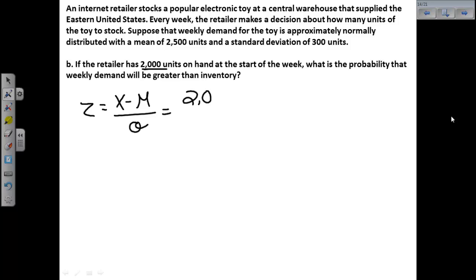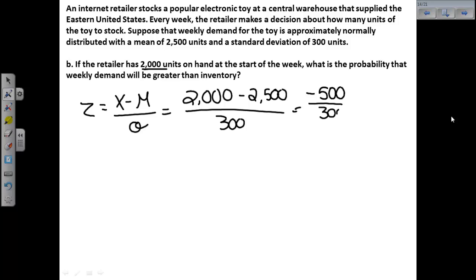X is 2,000 minus 2,500 divided by 300 units. 2,000 minus 2,500 gives you negative 500 divided by 300, and you end up with a Z-score of negative 1.667, or negative 1.67 when we go to the table.